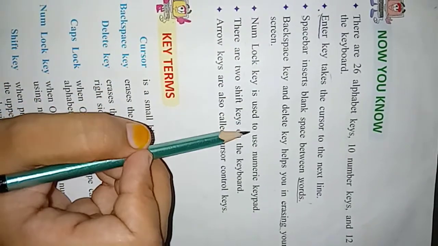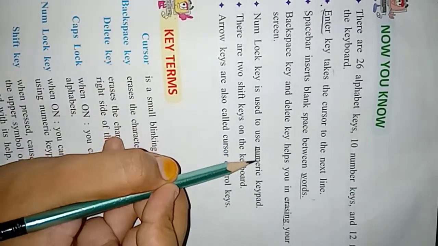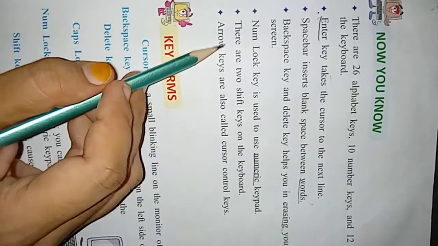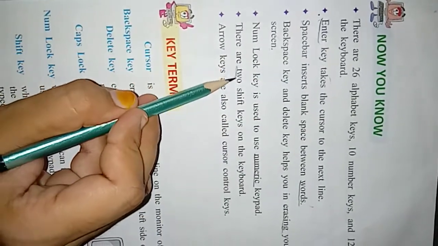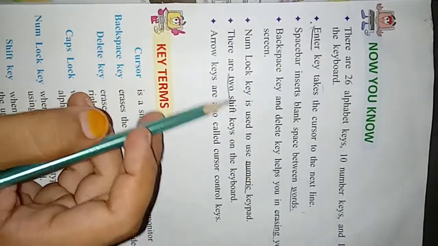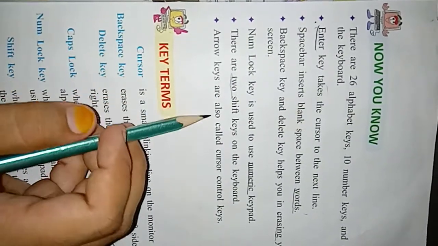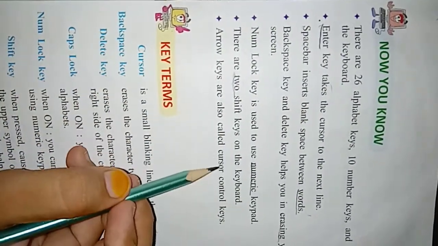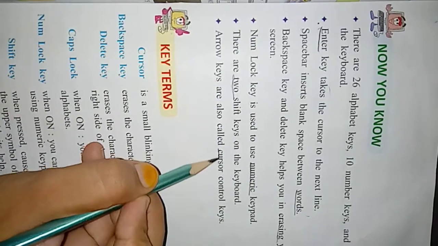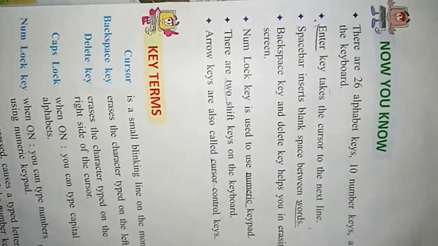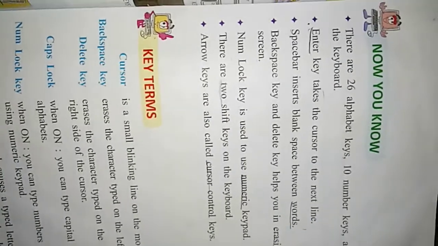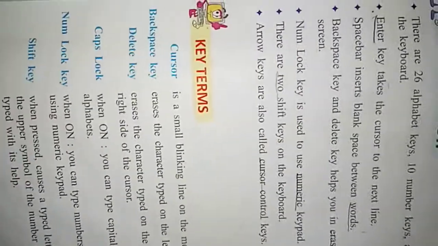Numlock key is used to use dash keypad: numeric keypad. There are dash shift keys on the keyboard: 2. Arrow keys are also called dash keys: cursor control. So from Now You Know you will make the fill in the blanks or multiple choice questions.